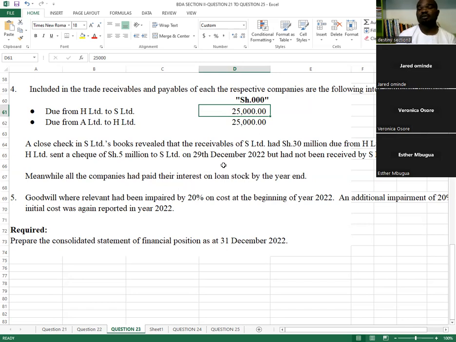So if the other party is claiming they have paid, go and add it. During consolidation, when preparing the balance sheet, you subtract it from trade receivables, then you add it to the cash book. So that is well noted.